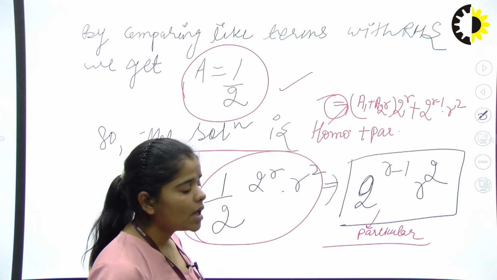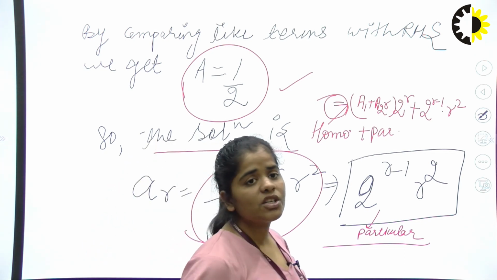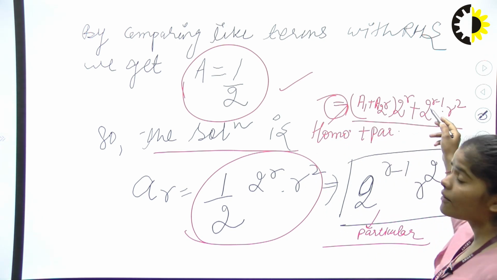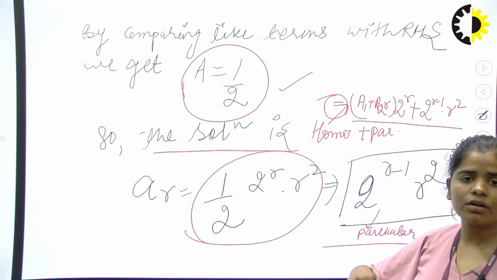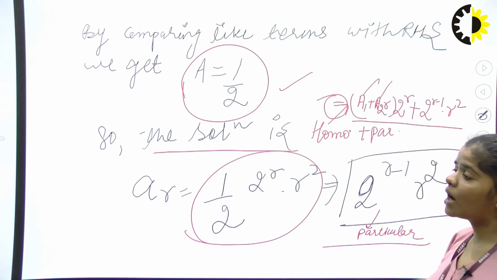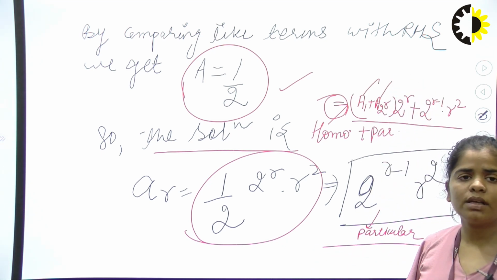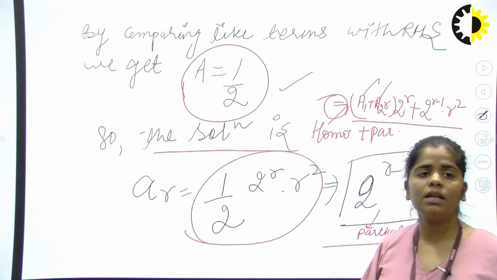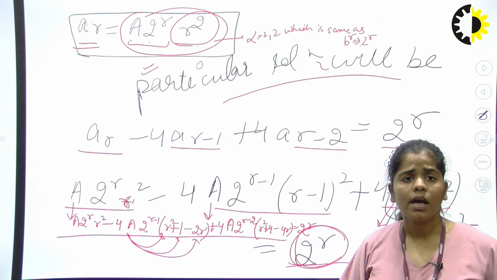In this case, if boundary conditions are given in the question, after finding this solution, we have to put in the boundary conditions and find the other constants A1, A2, A3 and so on, right? By finding all the constants and putting them into the equation, you will get the total non-homogeneous equation solution.